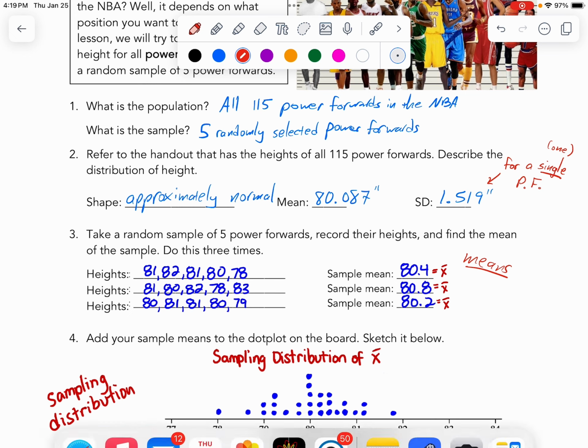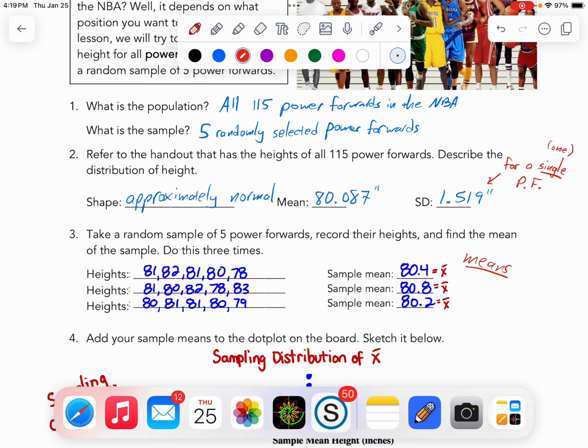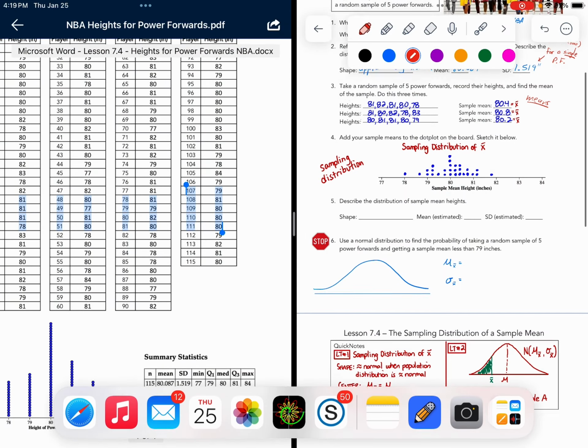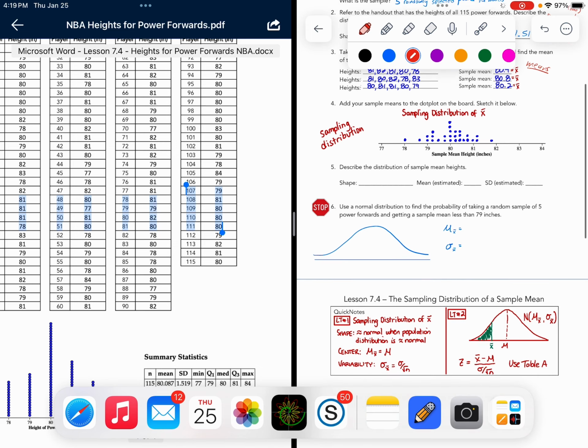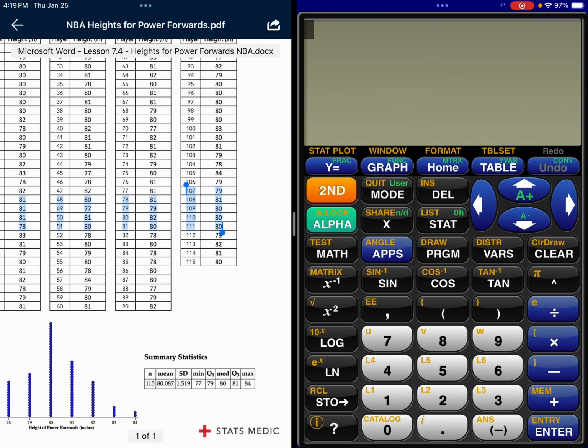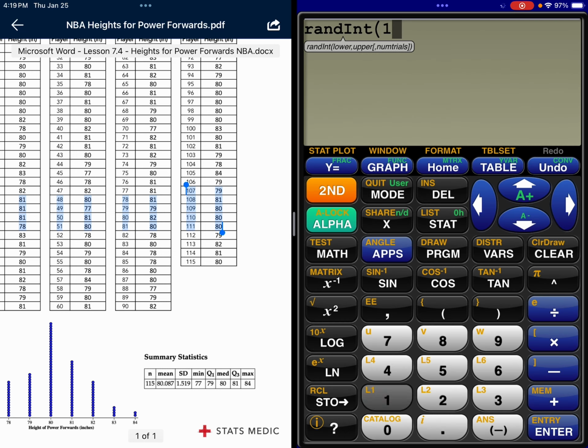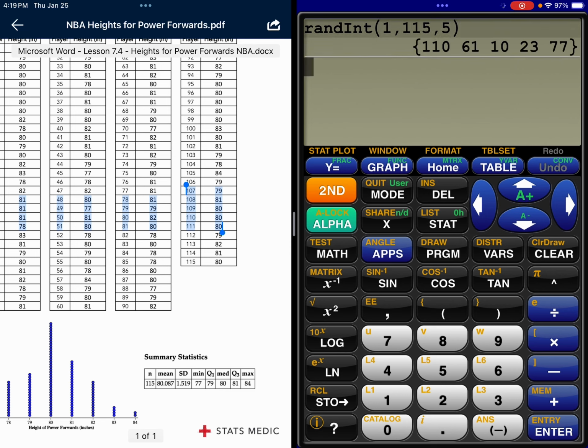So if you want to follow along, I would get my calculator out, and I would go to math, probability, random integer. There are 115 power forwards, and I would do 5 like this to get my random 5 power forwards.